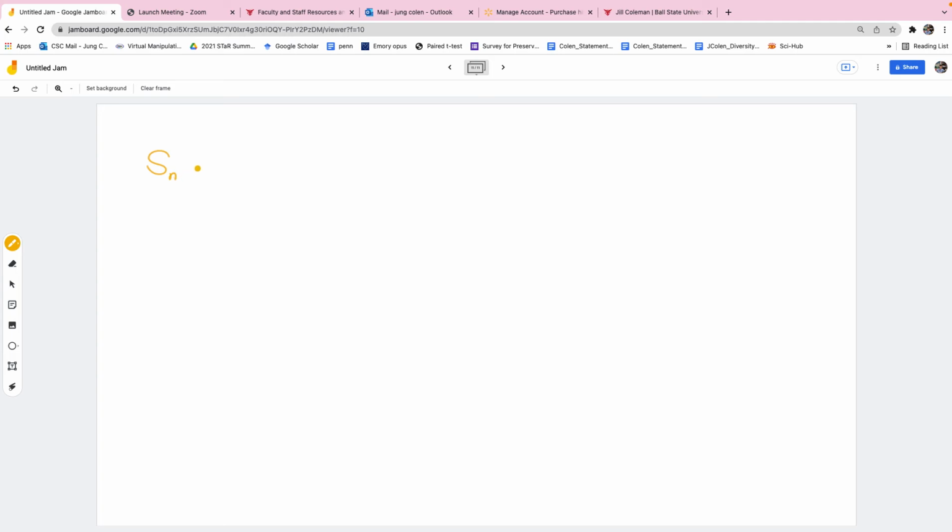S of n, the sum from the first term to the nth term, can be written as the first term, plus the second term, a sub 1 times R, plus the third term, multiplied by R again, so a sub 1 times R squared, and so on, all the way to the nth term, which is a sub 1 times R to the n minus 1.